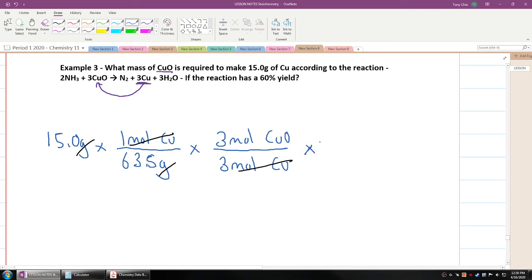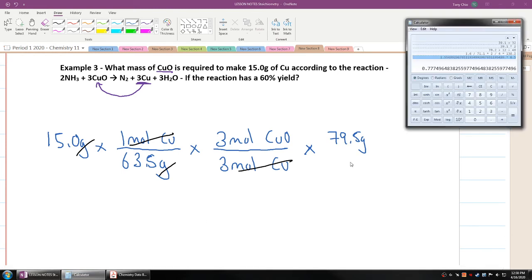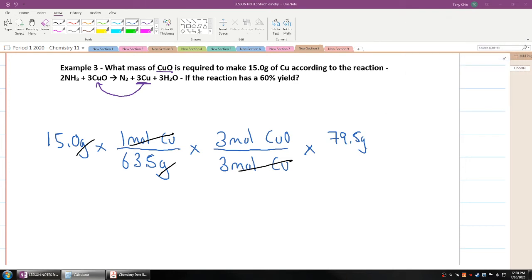Your last step is to now find the mass of CuO. Well, what is the molar mass of CuO? Well, if copper itself is 63.5, oxygen is 16, you're going to end up with a molar mass of 79.5 grams. If you don't believe me, 63.5 plus 16 is 79.5 over 1 mole of CuO. So as you see, your moles of CuO will cancel out.